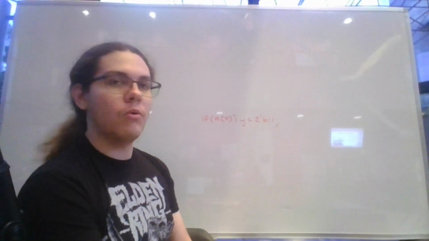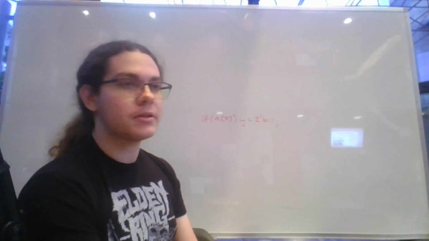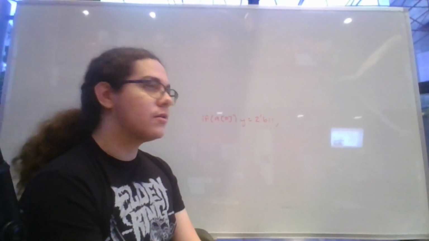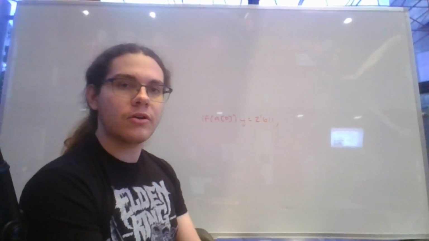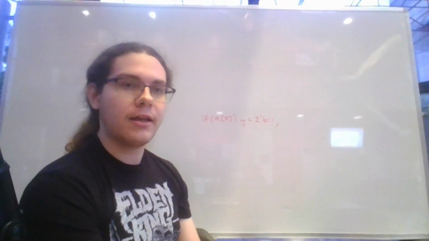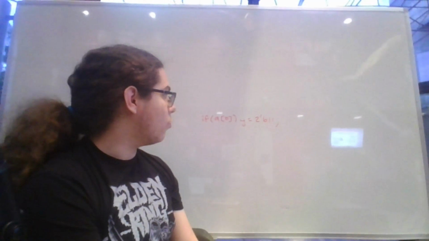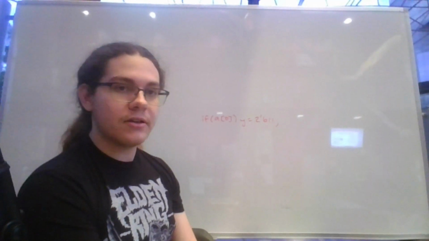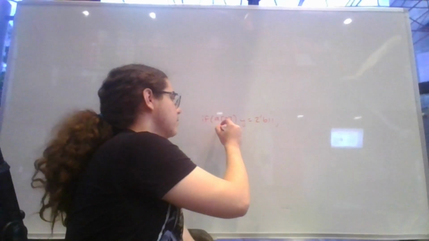In other words, y bit 1 is going to be on and y bit 0 is going to be on. And essentially the way you want to do this is you're going to want to make a truth table. That's probably the easiest way to do it. And then from there you can do a k-map and stuff. So what I'll do is I'll go ahead and write down the other ones.